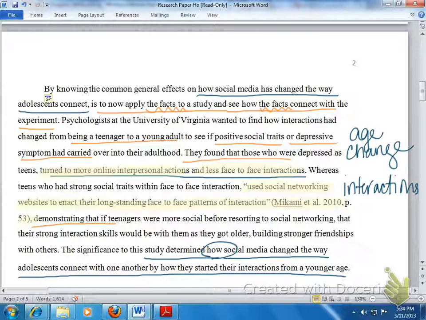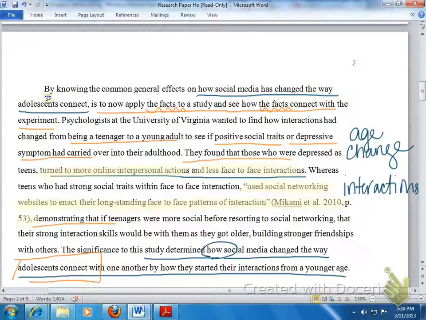Yeah, exactly. So I think what we're hearing here, and what's happened is we've had to do the work to make sense of this, is that social media isn't changing the way all adolescents connect, right? It's changing the way a certain group of adolescents connected. Those who were already social just used social media as one more way.